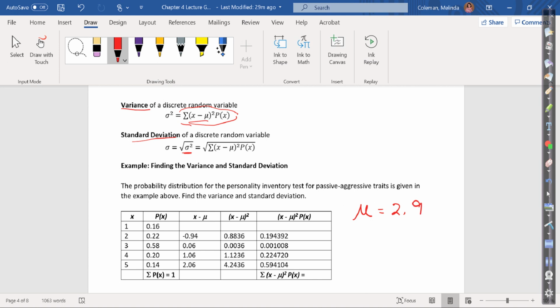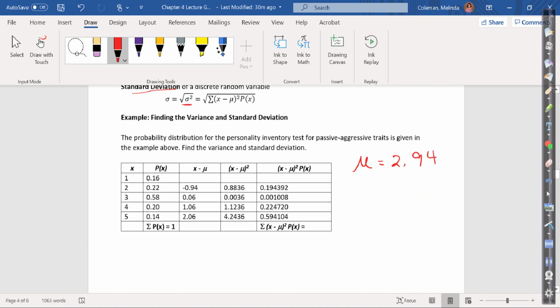Actually, it was 2.94 without being rounded. So order of operations says we're going to take the subtraction first, then we're going to square it, then we're going to multiply. So this chart is laid out in just that way. First we're going to subtract, then we're going to square, then we're going to multiply.